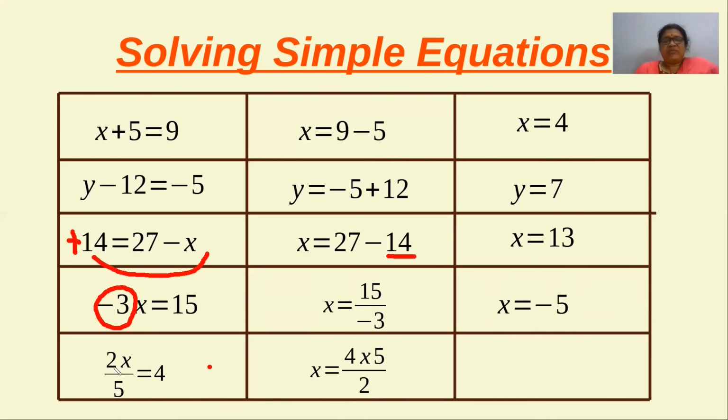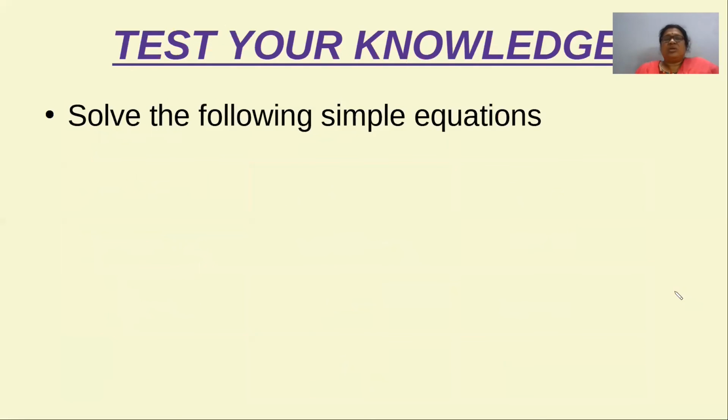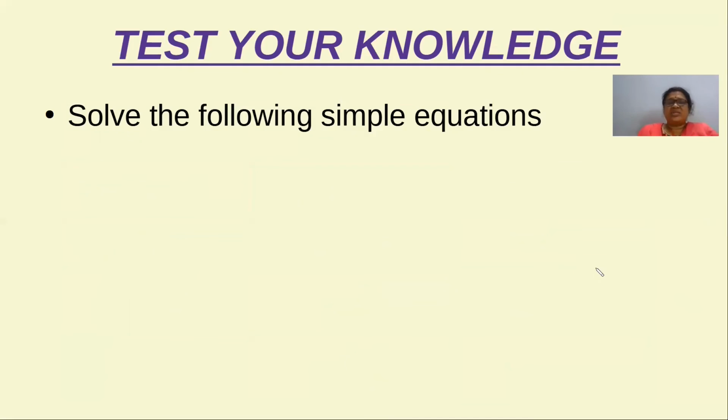Or simply, when you transfer this fraction to the other side, it will simply reverse like this. The answer will be 5 fours are 20, 20 by 2, it is 10. So this is all about simple equations. I think everyone has understood.